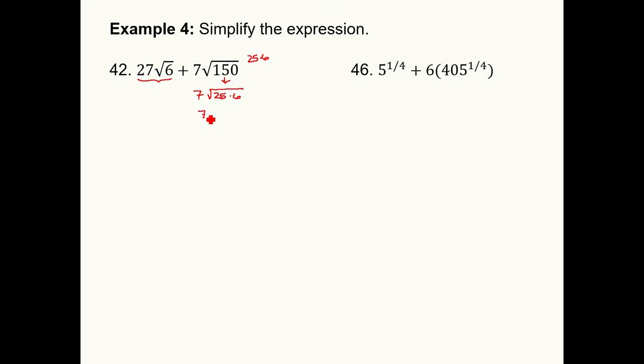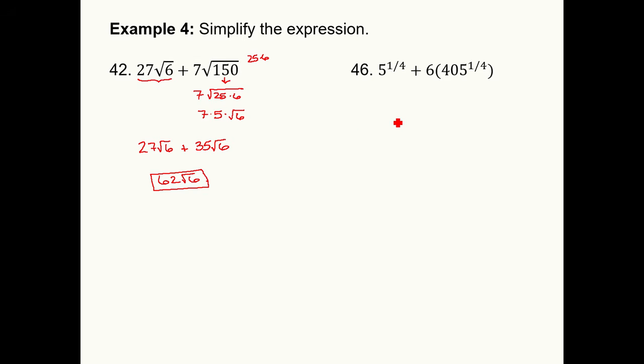That is the same as 7 times a regular 5, because the square root of 25 comes out clean, times the square root of 6. So really, I've got 27 root 6's plus 35 root 6's, and I can combine those together to get 62 root 6's. So by simplifying the square roots, we were able to establish some like radicals and combine those together.